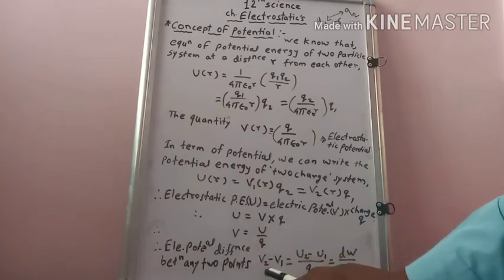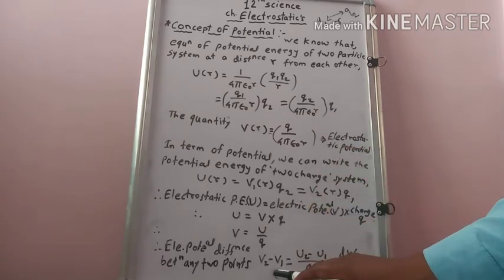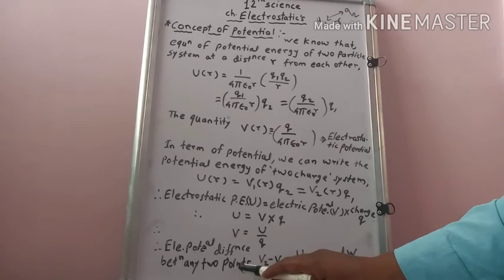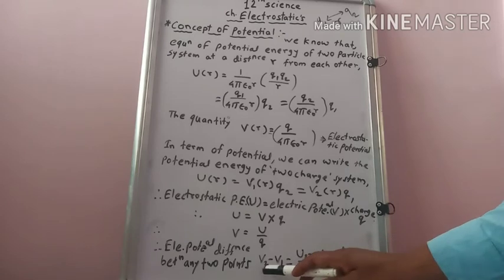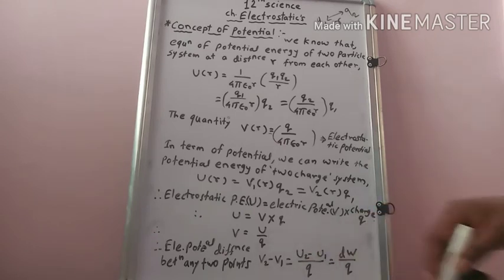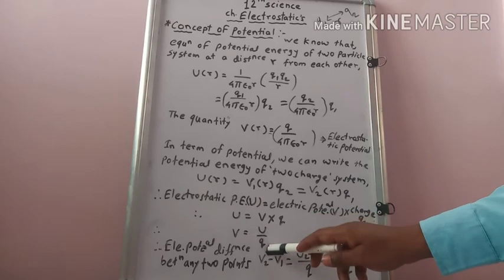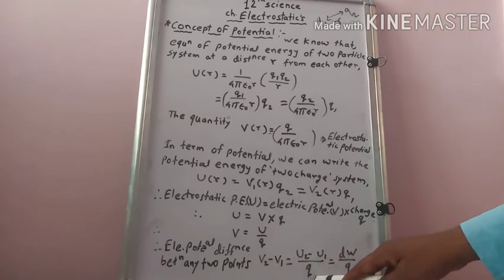For the 2 points, we write two values of electrostatic potential, V2 and V1, and we can write the difference between these two. Difference means V2 minus V1 is equal to U2 minus U1 upon Q.